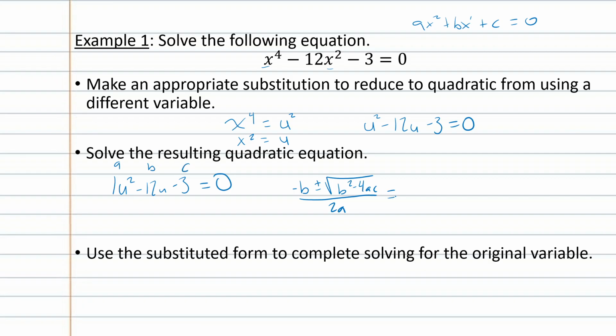Well, that's going to give us negative 12 plus or minus the square root of negative 12 squared minus 4 times 1 times negative 3, all over 2 times a, which in this case is 1, and then we can just simplify from there.